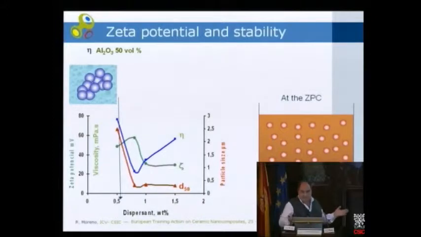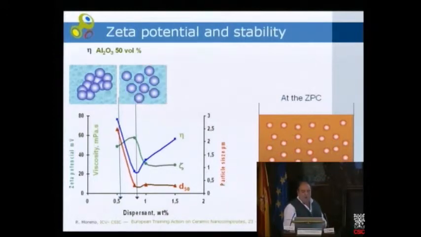When the polyelectrolyte is not enough to cover all the surface of the particles, we have a lack of dispersion, and the viscosity is high, and the zeta potential is not so good. When we add more deflocculant, we can reach a minimum of viscosity which coincides with the maximum of the zeta potential.